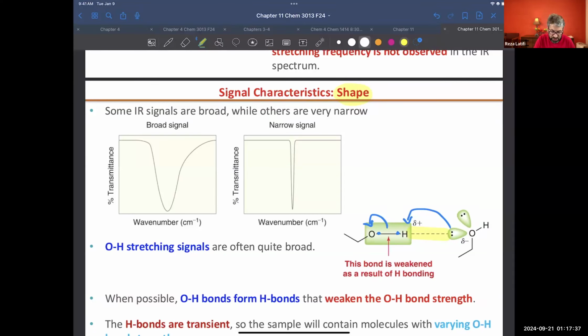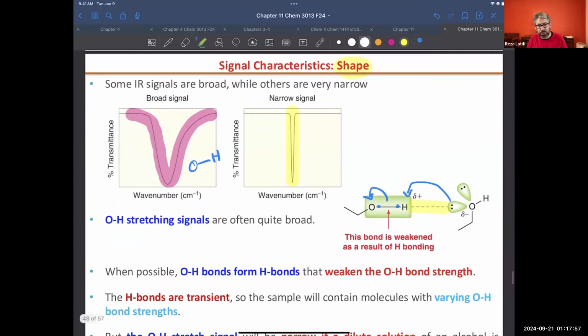And because it's changing, you will get a broad range for OH. If you get such a broad peak, that's a sign that you have OH. If there is no hydrogen bonding, the signal will be really narrow.